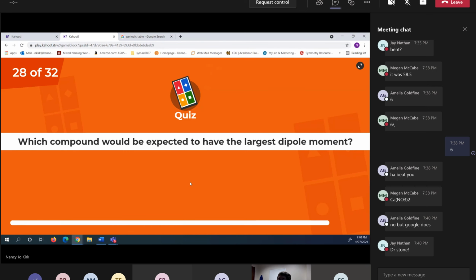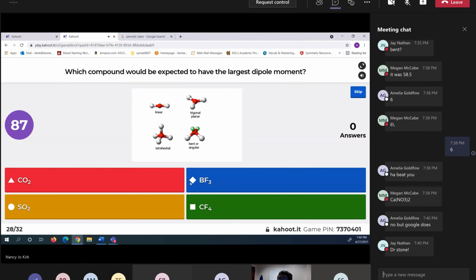Which compound would be expected to have the largest dipole moment? It helps to know the shape. Oh, yeah, this is a good one.